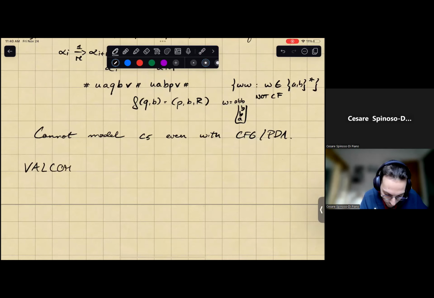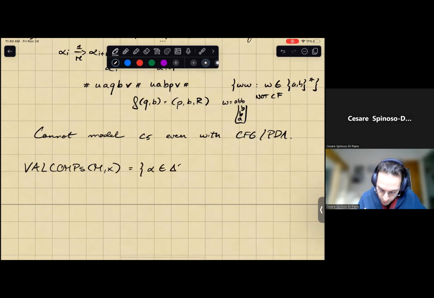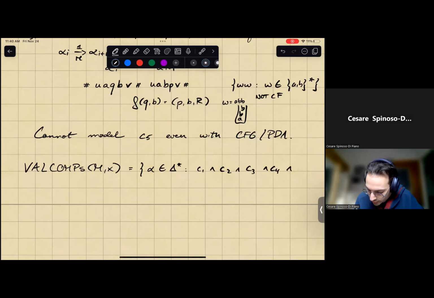Before we get to the complement, let's write Valcomps out again, but now rewrite it as the conjunction of these five conditions. So Valcomps is the set of strings x in delta star where that string satisfies condition C1 and C2 and C3 and C4 and C5. I'm writing it out because I got a comment during the actual lecture that I should have written it out.